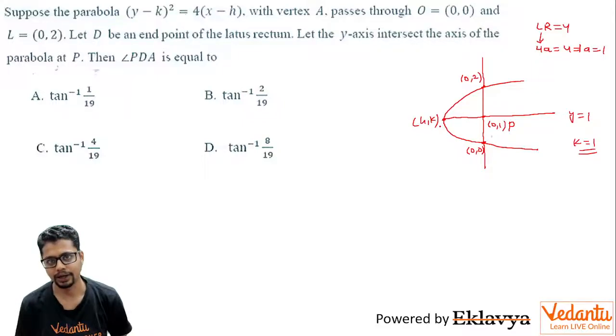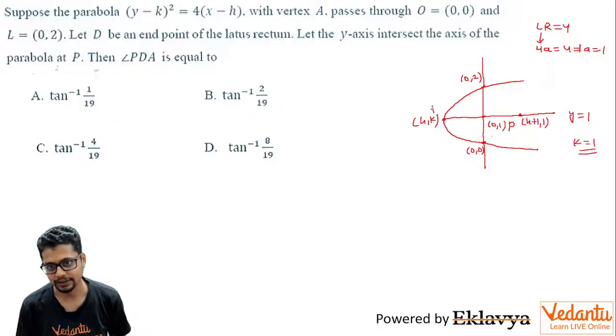The vertex (h, k) would lie on the axis, and the axis is y = 1, so k is equal to 1. And since a is 1, the foot of the latus rectum, or the point at which the latus rectum intersects the axis, which is essentially the focus, is (h + 1, k). K is 1 anyway.